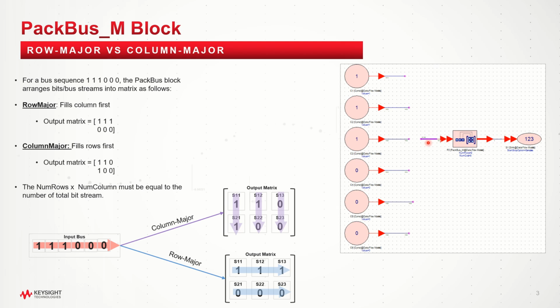That's the input right here. And this pack bus is going to pack each of these into a matrix depending on which format we've chosen. And of course, when we choose row major, it will fill the columns first before the next column. And when we choose the column major, it will fill the rows first.